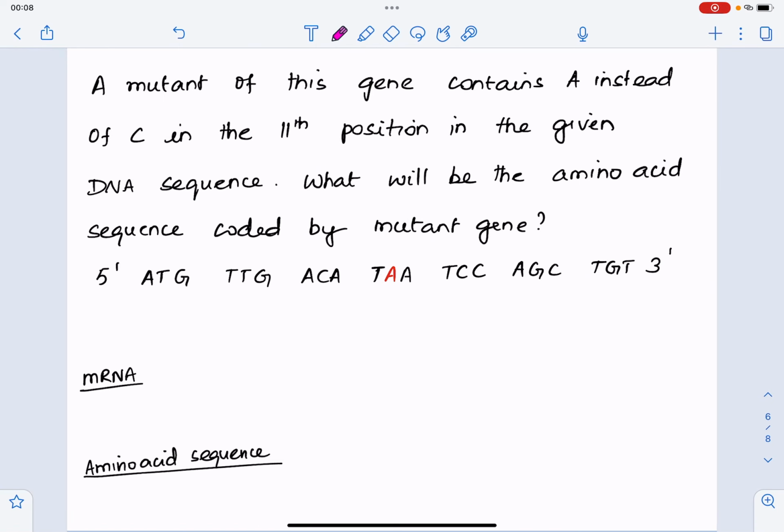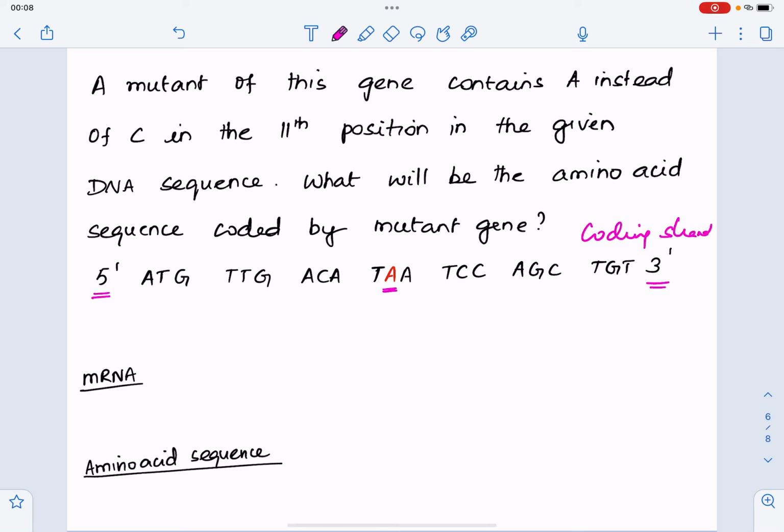A mutant of this gene contains A instead of C in the 11th position in the given DNA sequence. We had been given a DNA sequence in the 5' 3' direction, and the 11th position had C, but instead of C, A has replaced it. If it is mutated, what will happen to the mRNA sequence and to the amino acid sequence? Since this is in the 5' 3' direction, this will be the coding strand.